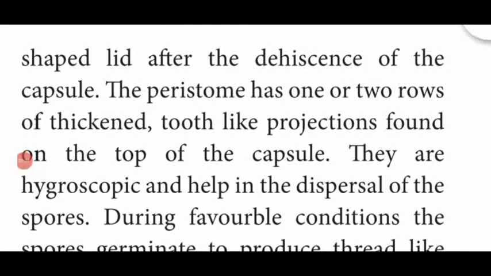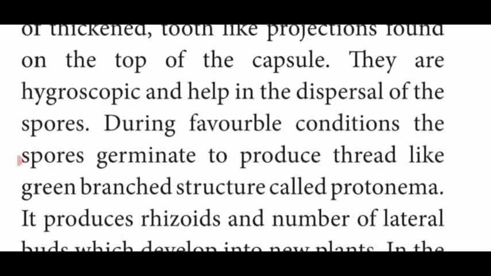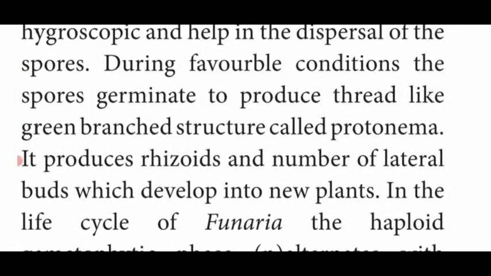At the tip of the capsule, there is a lid-like structure known as the operculum. Then on either side of the operculum, the peristome has one or two rows of thickened tooth-like structures which are hygroscopic in nature, absorb water and help in the dispersal of spores.